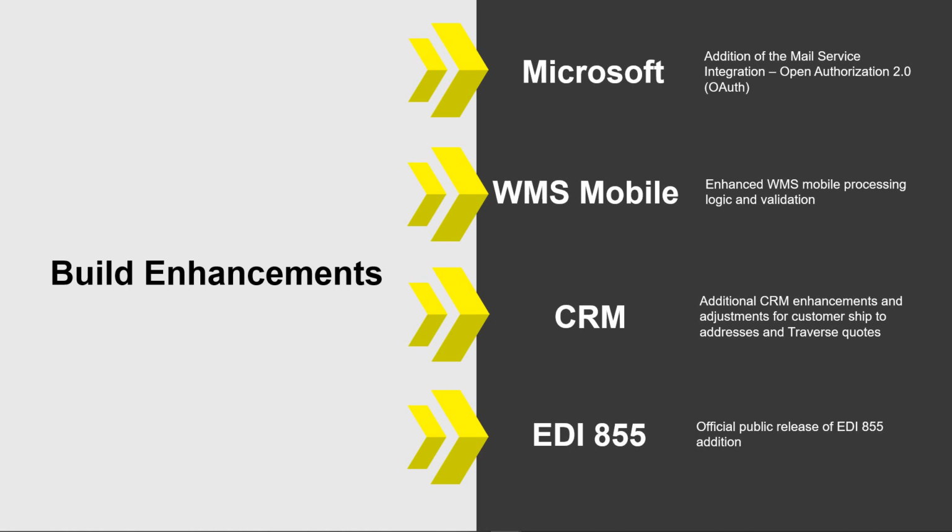CRM includes several new enhancements for syncing our customer ship to addresses as well as Traverse quotes. And finally, this build is the official release of EDI 855 document, also known as the purchase order acknowledgement.